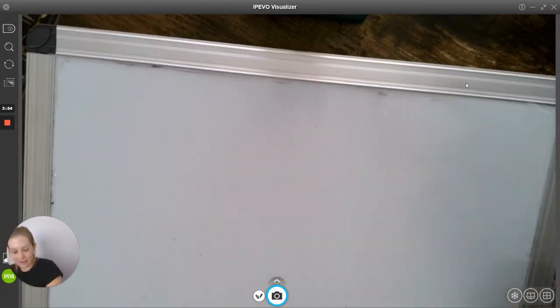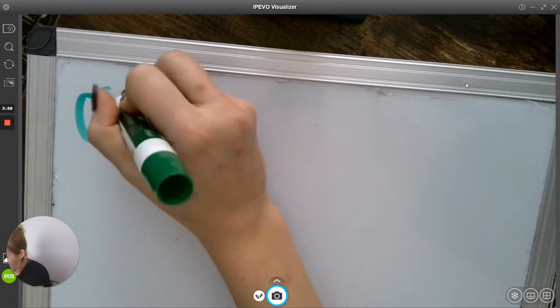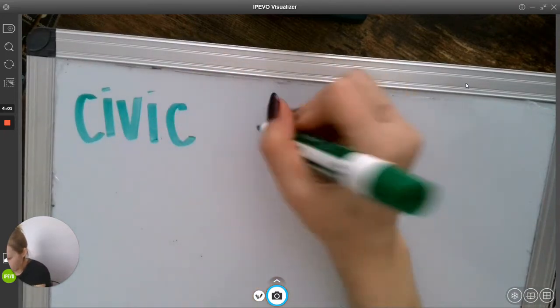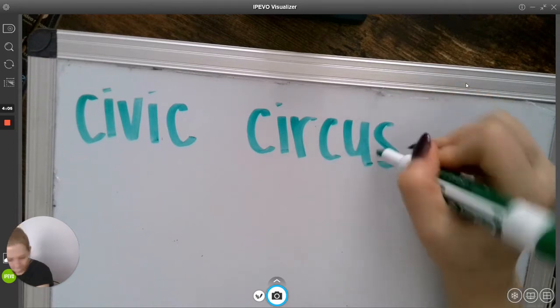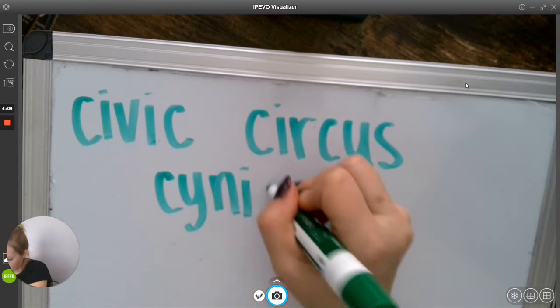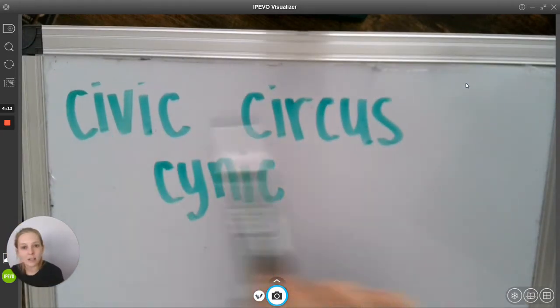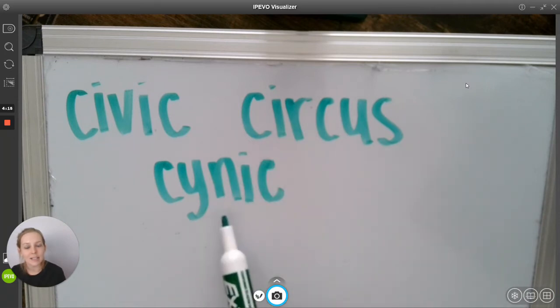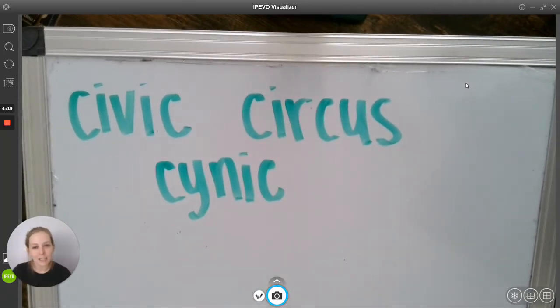And then we have some funky words. We have these three words. This is civic, circus, and cynic. A cynic is someone who doesn't look on the bright side of things. What do you notice about these words?